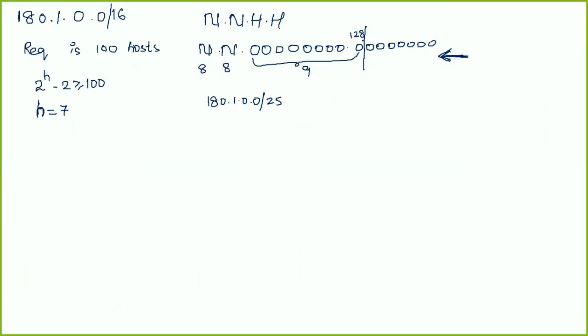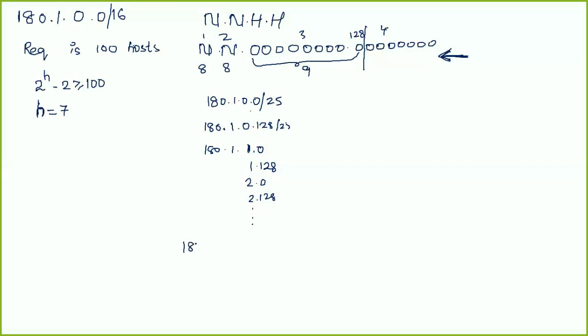Plus 128 in the fourth octet, then it will be 180.1.0.128/25. Then it will be 180.1.1.0, 1.128, 2.0, 2.128. Like this, you will get many networks.